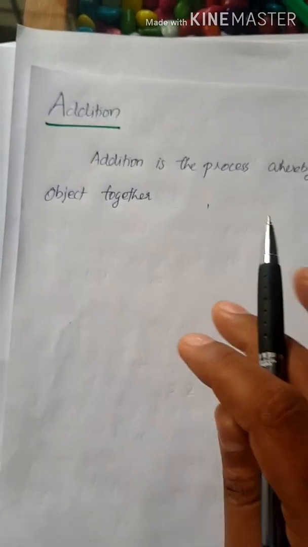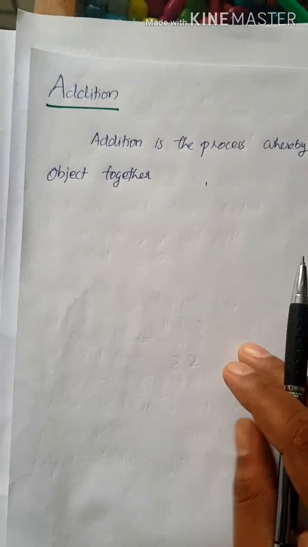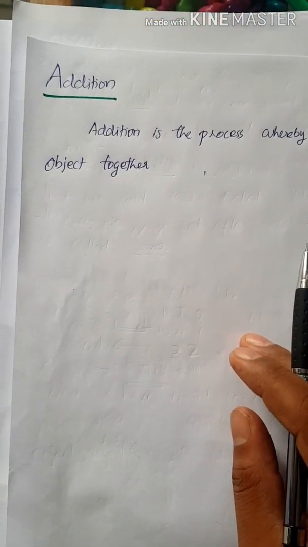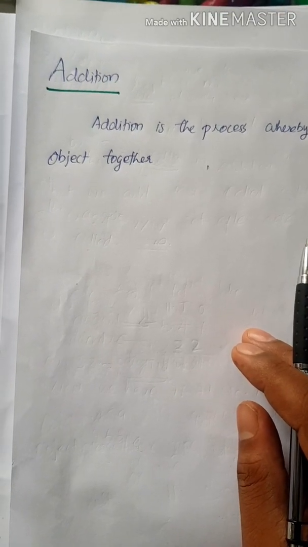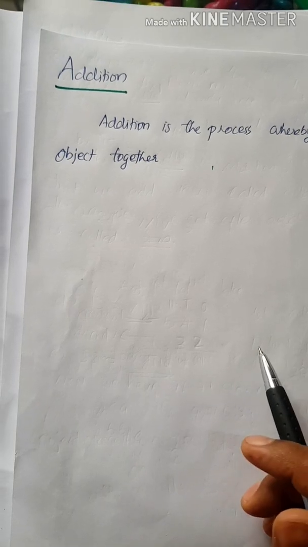Let us see how. There are 30 big mangoes and 20 small mangoes on the table. Can anyone say how many mangoes are there on the table?